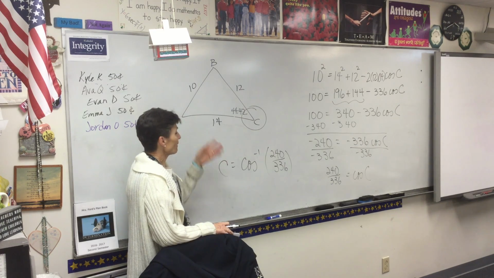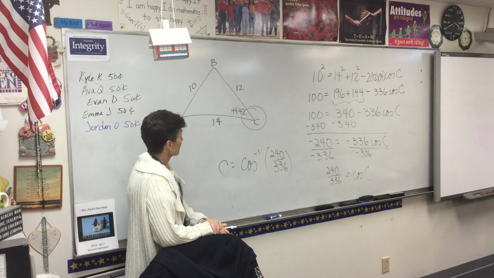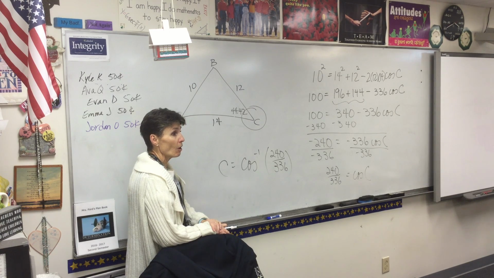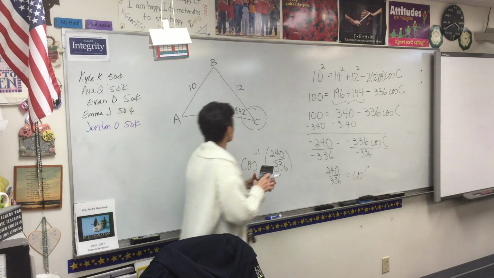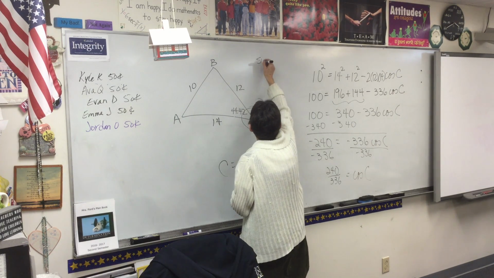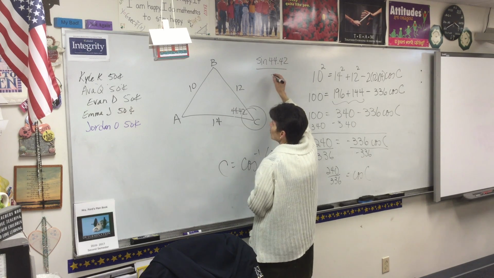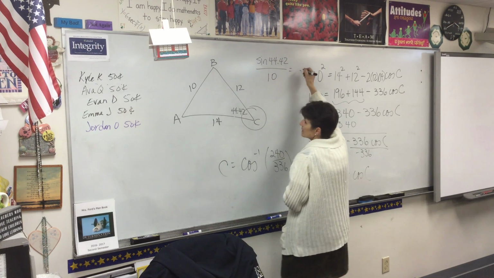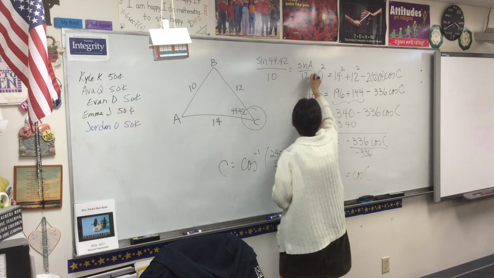But what if it said, find the rest of the angles? Now we can do the law of sines, right? So we'll say sine 44.42 over 10 equals sine A over 12, maybe?